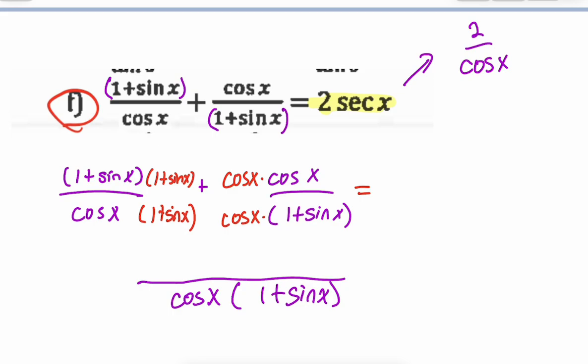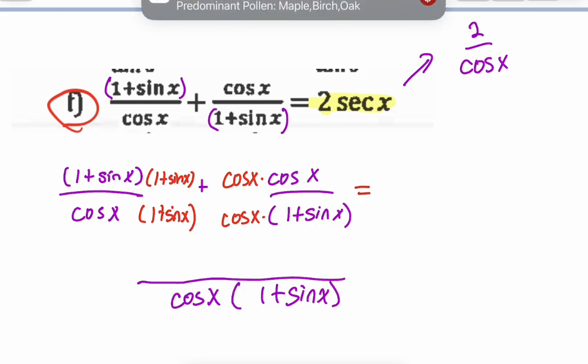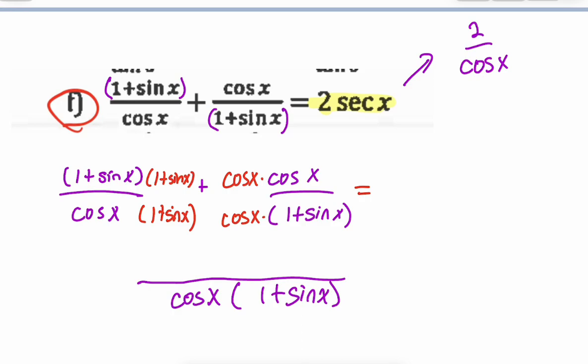Here's the time I'll multiply them: I will multiply them if they are conjugates. Like if one was 1 plus sine and one was 1 minus sine, I would probably multiply them. But since they are not conjugates, not reciprocals, nothing great about them, just leave them, okay?